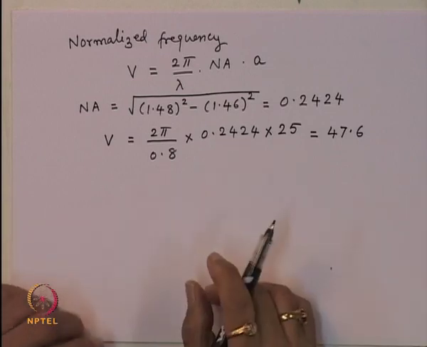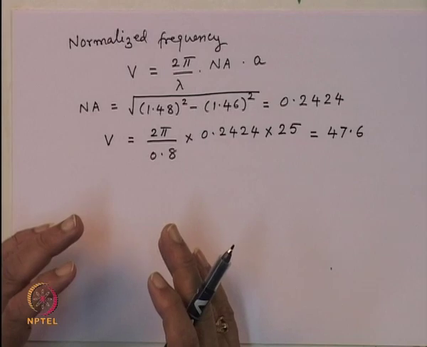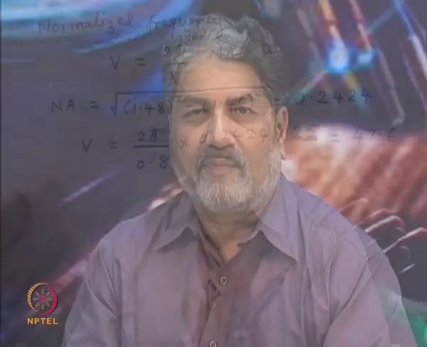So, the first part of the problem, where it asks to find out the normalized frequency of this optical fiber at 0.8 micrometer, the normalized frequency is nothing but the V number of the optical fiber, and for this fiber at 0.8 micrometer, this normalized frequency turns out to be 47.6. The second question which is asked here is, what is the cutoff frequency for the TM01 mode?